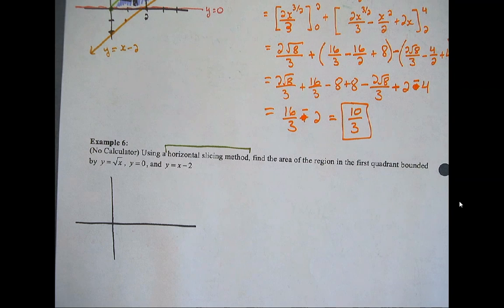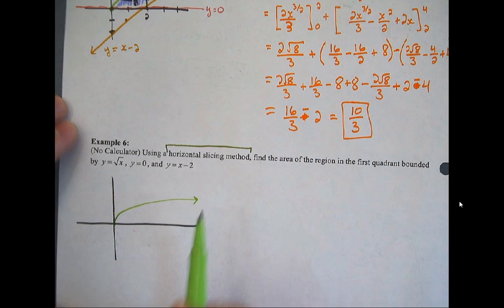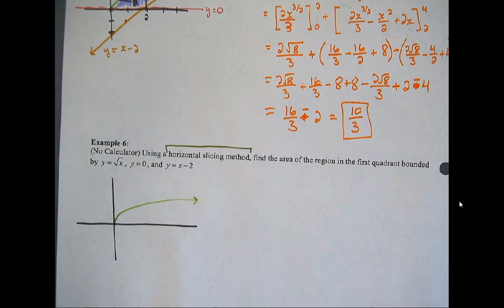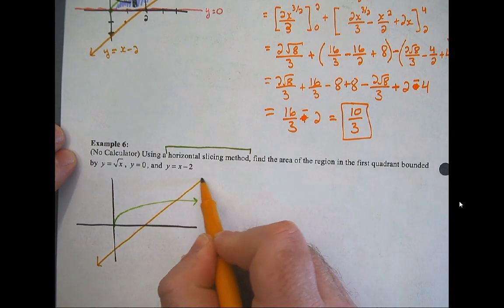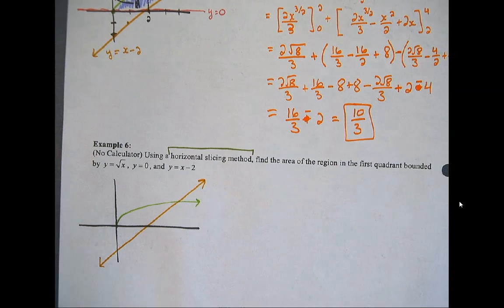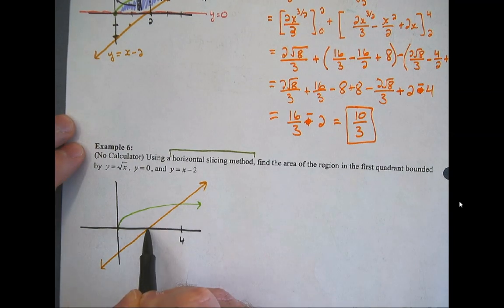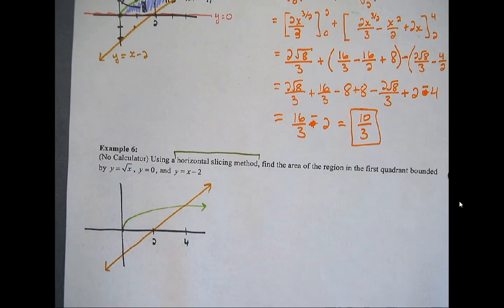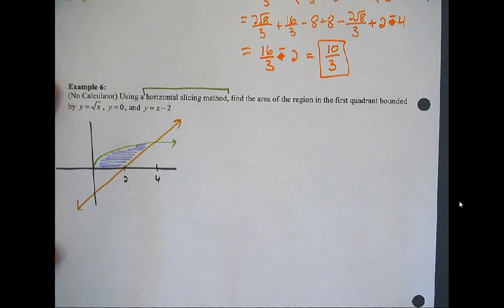So I'm going to redraw my curves. I'm not going to draw them as detailed this time because we know all the points of intersection from the last example. Now here's where the game changes. So this was at 4, this was at 2, and this is still my region. So at the end of this, we still should get 10/3.